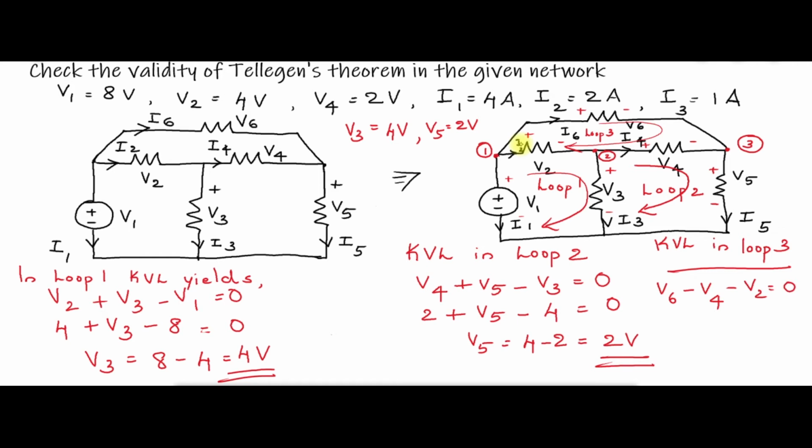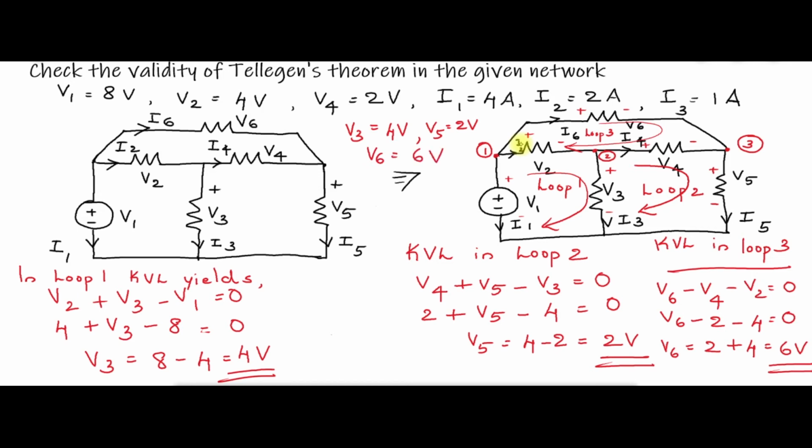V6 is not given. V4 is 2 and V2 is 4. So V6 is equal to 2 plus 4, which is equal to 6 volt.